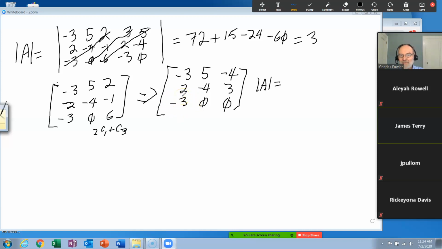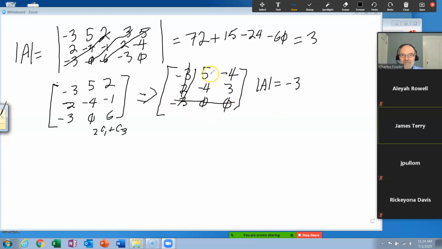You start at the upper left, plus, minus, plus. So that's a plus position, meaning we use that negative 3 just like it is. Negative 3, and we're going to wipe out this column and this row. Okay, that's why we wrote the negative 3 down.